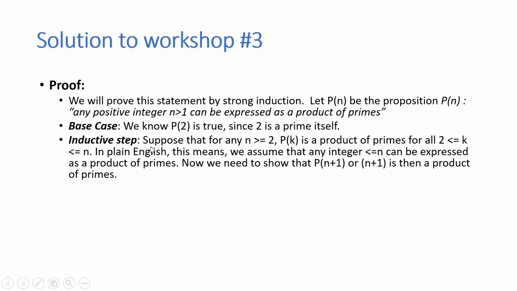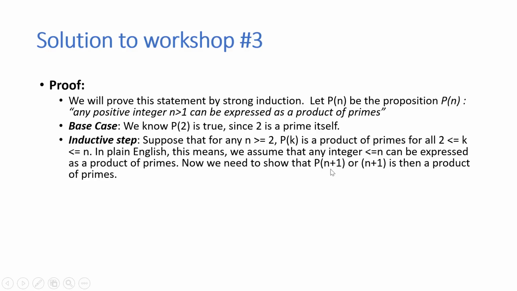For the inductive step, we assume that for any n greater than 2, Pk is a product of primes for all k between 2 and n. In other words, we assume that the proposition is true for any k between 2 and n. In plain English, this means that we assume any integer less than or equal to n and greater than or equal to 2 can be expressed as a product of primes.